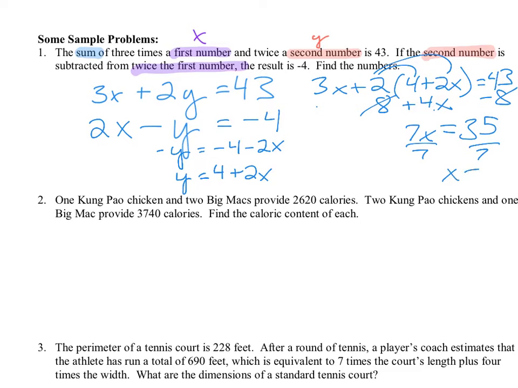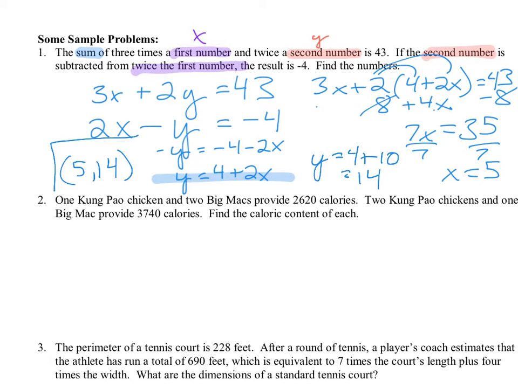Divide by 7, x is 5. Okay, so now I can plug this into the y equals equation. y is equal to 4 plus 2 times 5. So y is 14. So my final answer is 5, 14, first and second number.